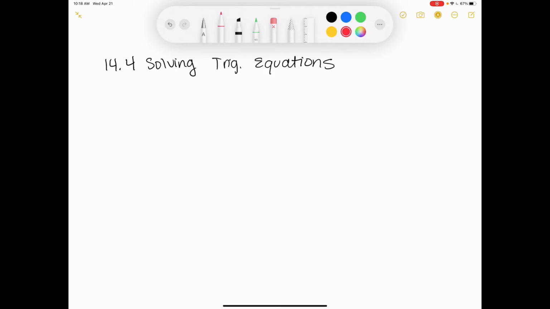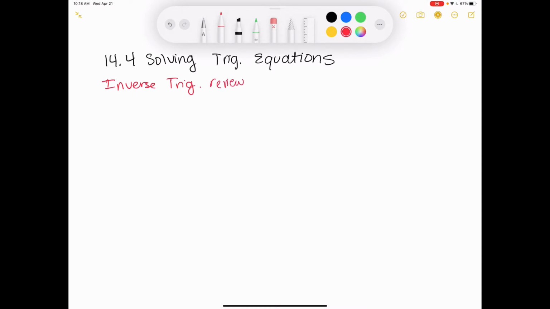Okay, so with inverse trig, where does sine occur? On the right side. Yes, on the right side.